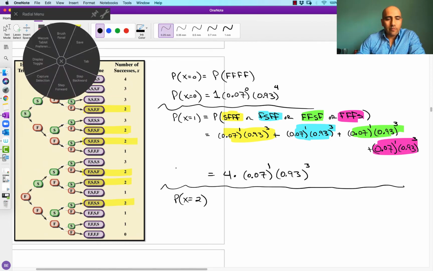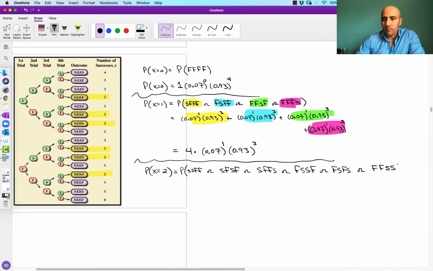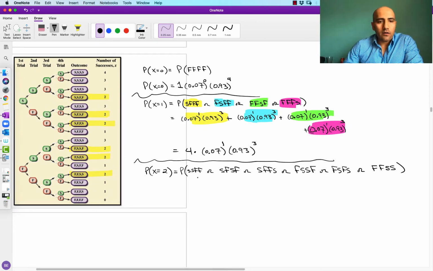So the probability that x equals exactly 2, order doesn't matter, is equivalent to the probability of finding one of those. It's equal to the probability of SSFF. So there are 1, 2, 3, 4, 5, 6, right?